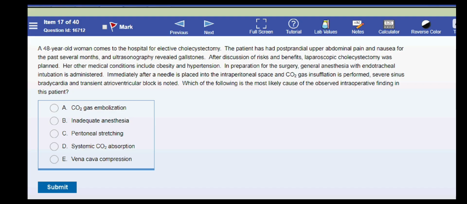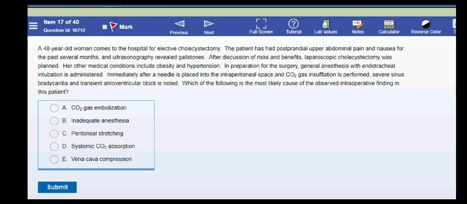In preparation for the surgery, general anesthesia with endotracheal intubation is administered. Immediately after a needle is placed into the intraperitoneal space and CO2 gas insufflation is performed, we see severe sinus bradycardia and transient atrioventricular block.